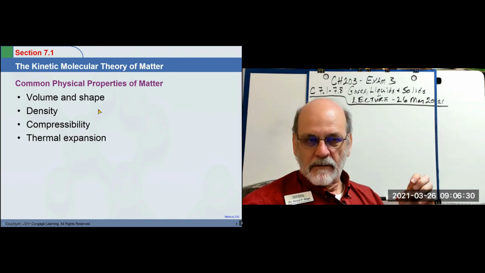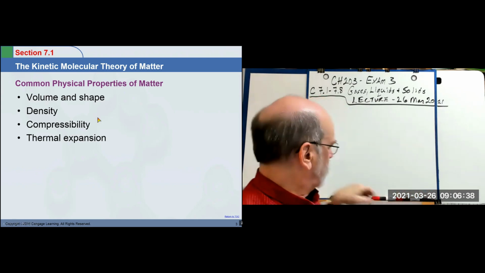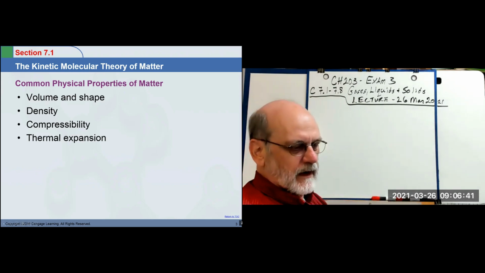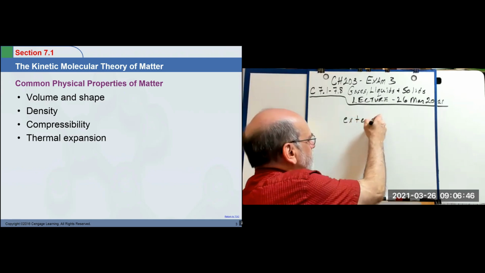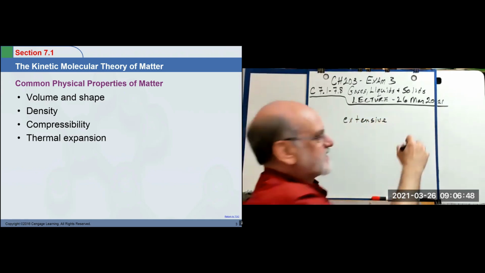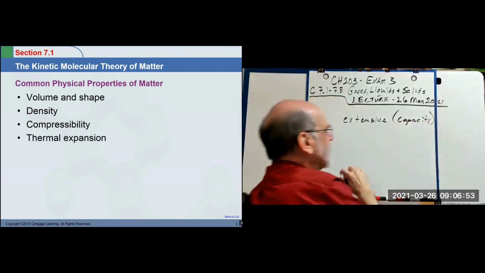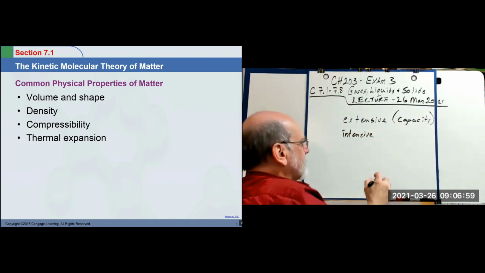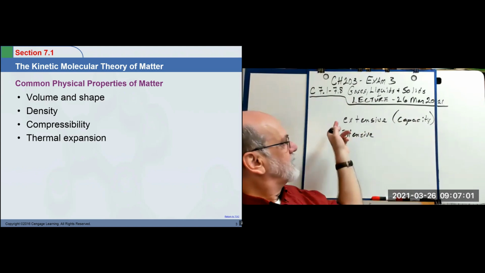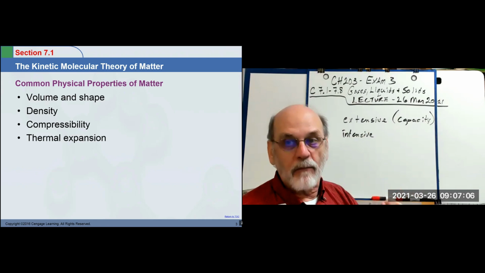But when we describe a physical property of matter, we also need to differentiate between whether it's an extensive property, which I like to call capacity, or is it an intensive property? The difference being, if it's an extensive property, then the description depends upon how much matter there is.